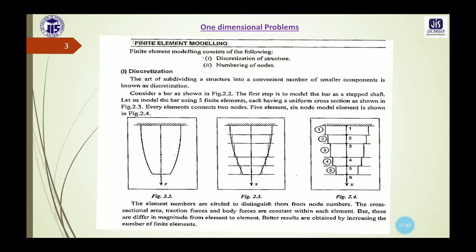This type of numerical we will discuss in the next lecture: a bar as given in figure 2.2 will be given, but we need to do the discretization first, that is, convert it into a stepped shaft, and then subdivide it into elements and nodal points.